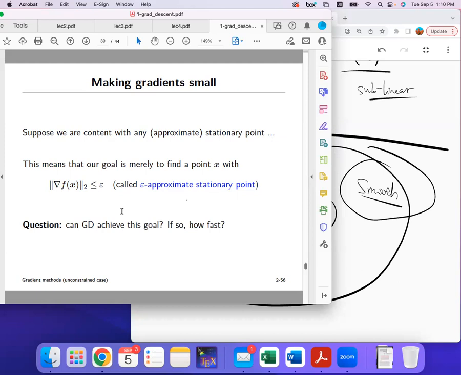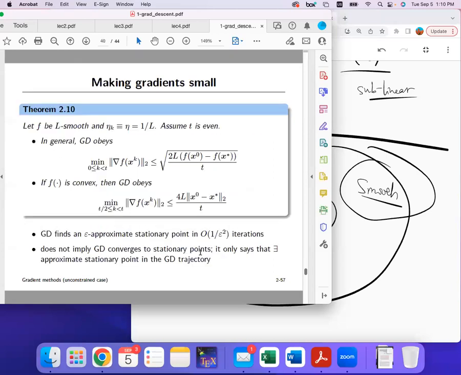And the question is, how fast can gradient descent find such a point? The result actually turns out to be very simple.